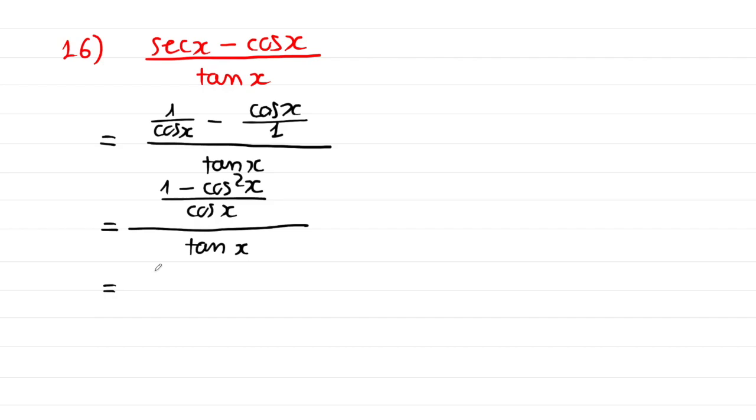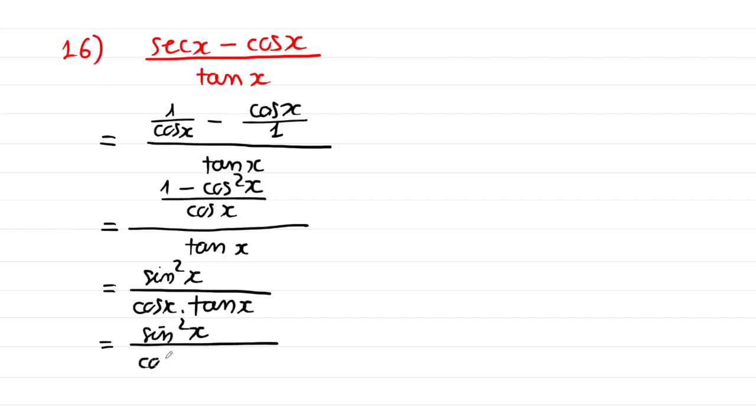So you will have here sine square x divided by cos x times tan x. Okay, simplify it. What is tan? Sine x over cos x. This one is simplified by this one. You get sine square in numerator and sine x in denominator. After simplifying, you only have 1 sine x in the final answer. Okay, question 16, we finish.